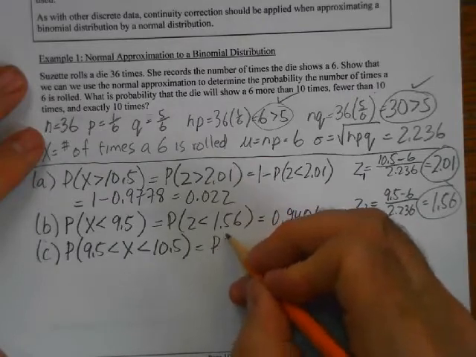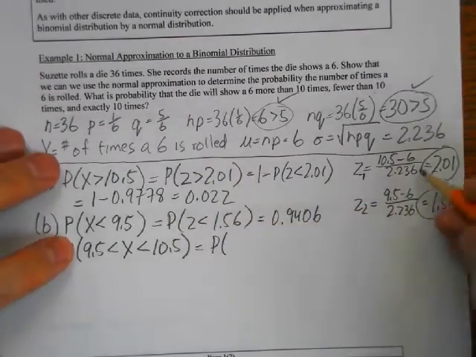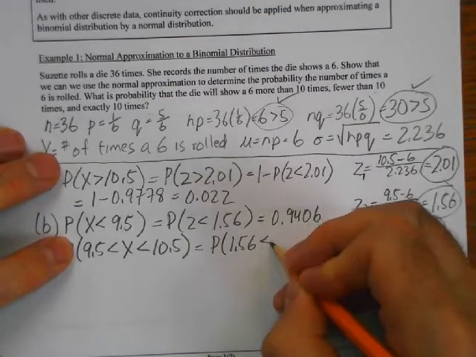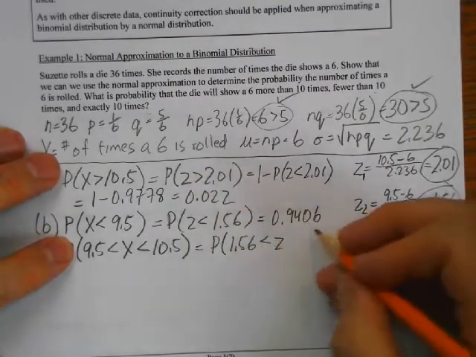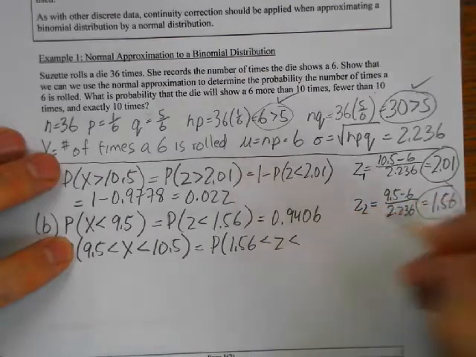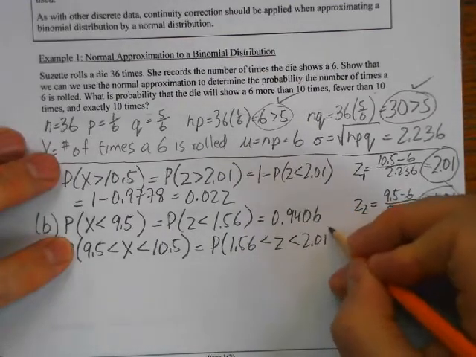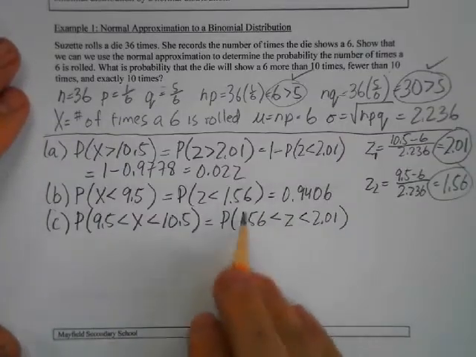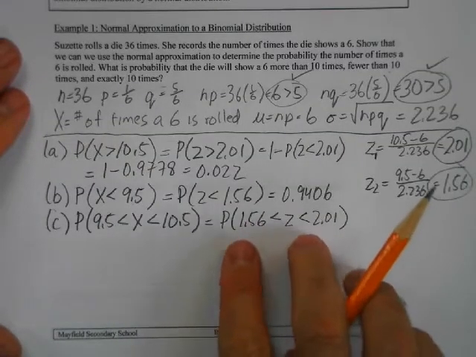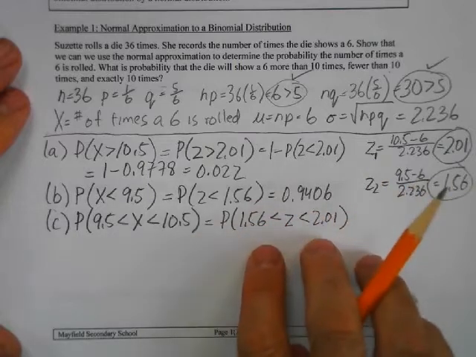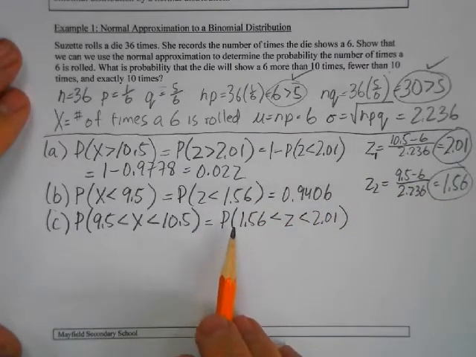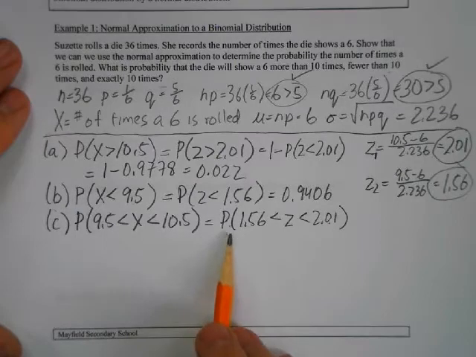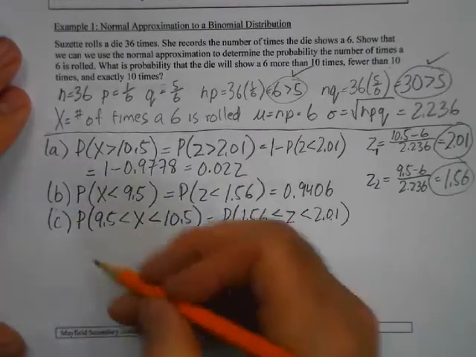So that's going to be the probability that the z-score is greater than 1.56 but less than 2.01. And hopefully you remember from the last lesson, when we have this interval, it's the probability of the z-score less than the higher value minus the probability that the z-score is less than the lower value.